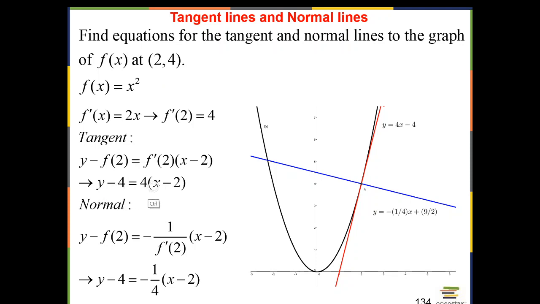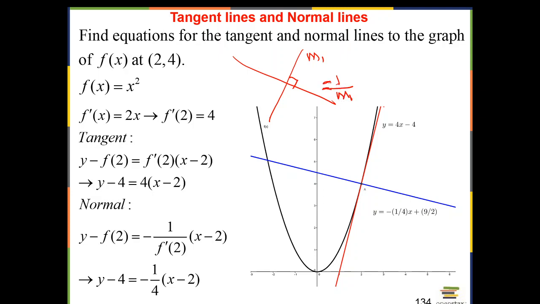Now, obviously, the normal would be at the same point, (2, 4), except for the slope. So what do we know about two perpendicular lines? We know that the slope of one of them is the negative reciprocal of the slope of the other one.